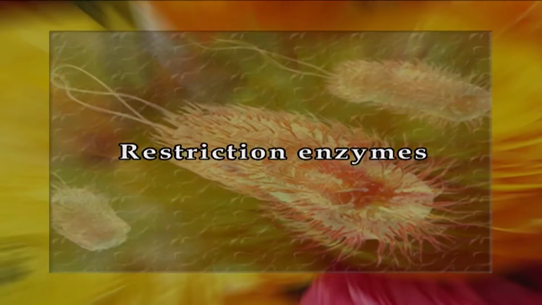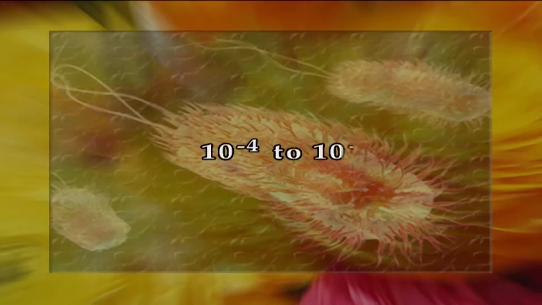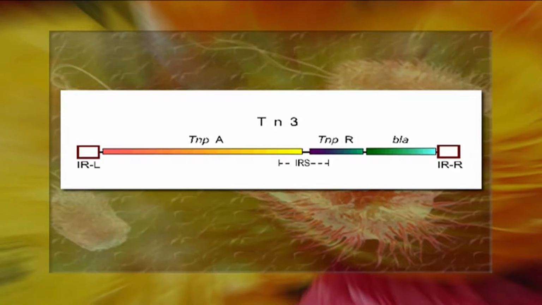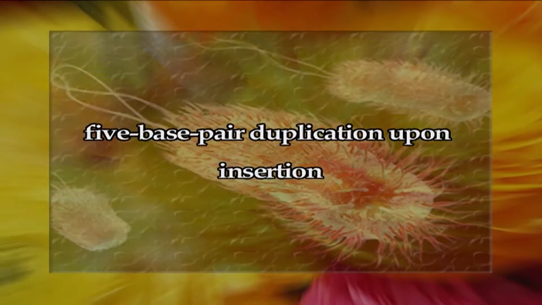A similar separation of recognition and action sites has been seen with certain restriction enzymes. The frequency of transposition tends to be variable, ranging from 10 raised to the power minus 4 to 10 raised to the power minus 6. And in the case of Tn3, involves a 5 base pair duplication upon insertion.